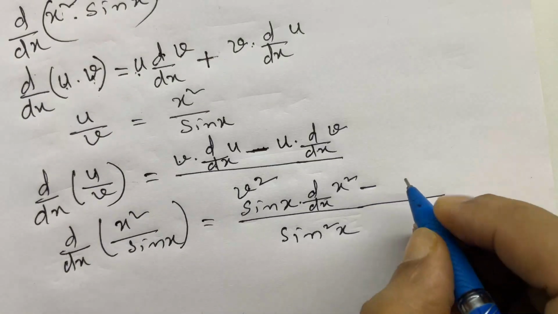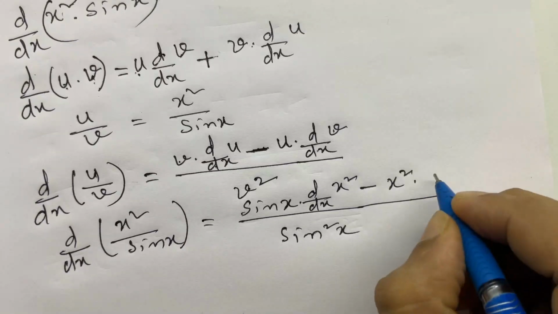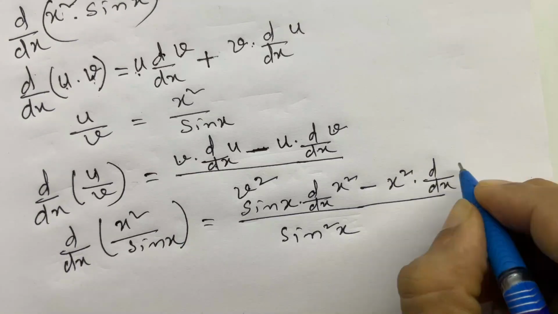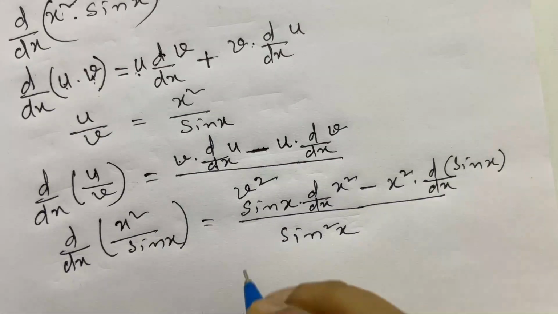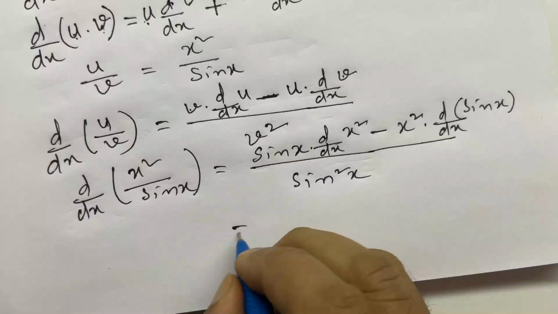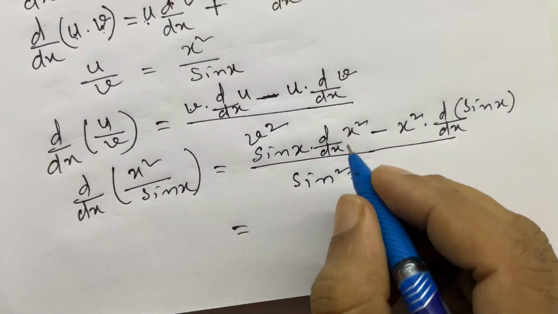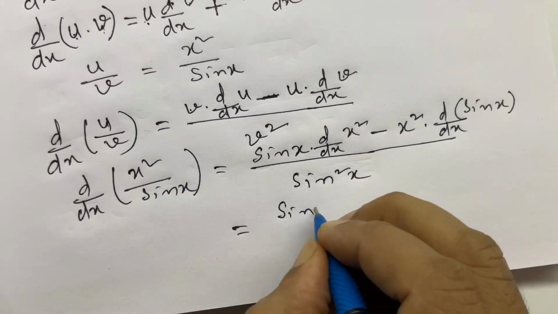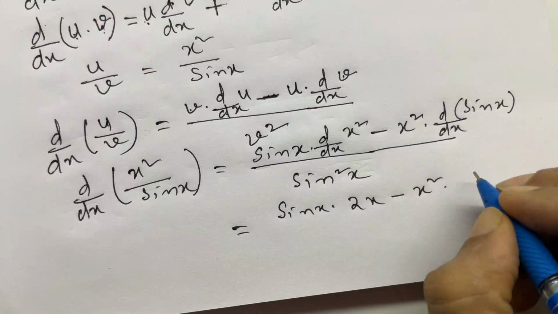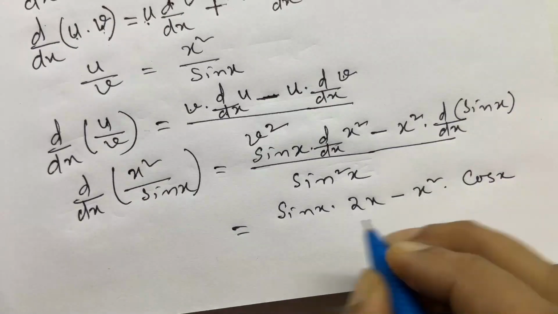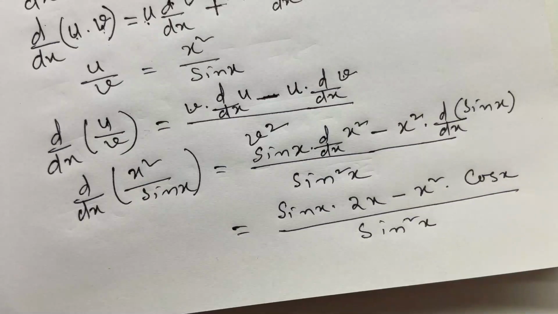Then minus, and numerator was x square, keep it, and then d/dx of sine x. So it will result in 2x sine x minus x square cos x, over sine square x. That's all.